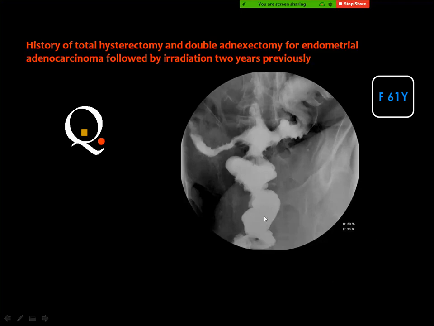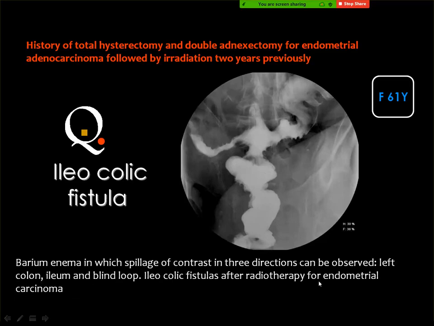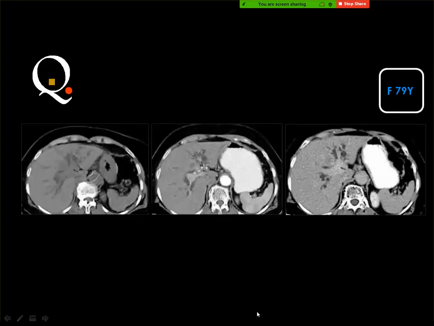And this is the fistula tract between the small bowel and the large bowel. This is post-irradiation maybe or post-operative, but there is abnormal connection between the colon and the small bowel.